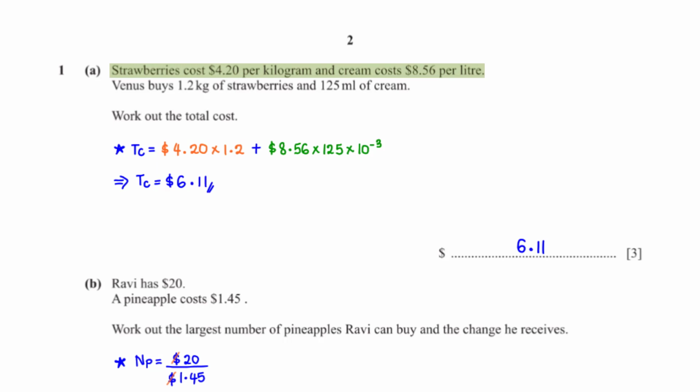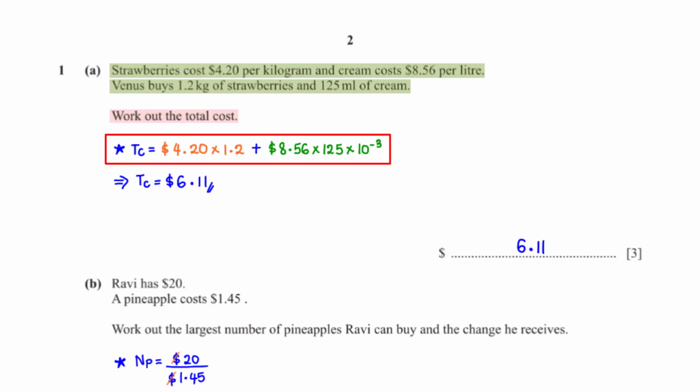Strawberries cost $4.20 per kilogram and cream costs $8.56 per liter. Venus buys 1.2 kilograms of strawberries and 125 milliliters of cream. Work out the total cost.